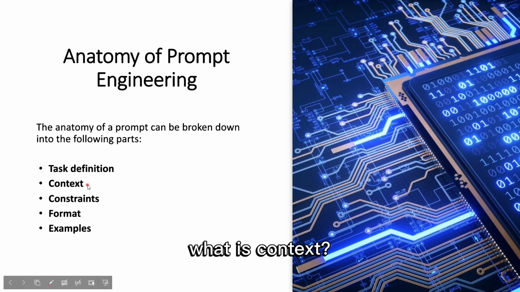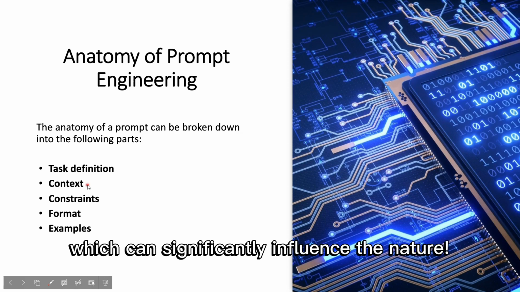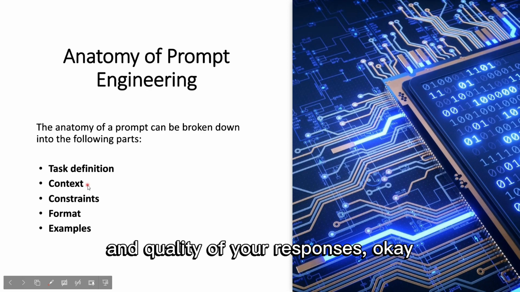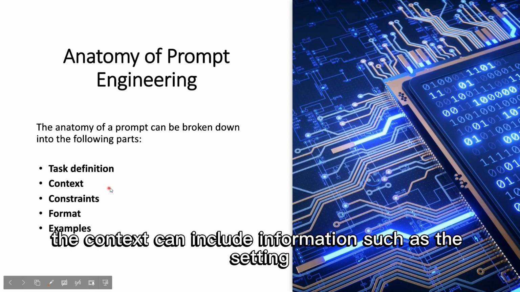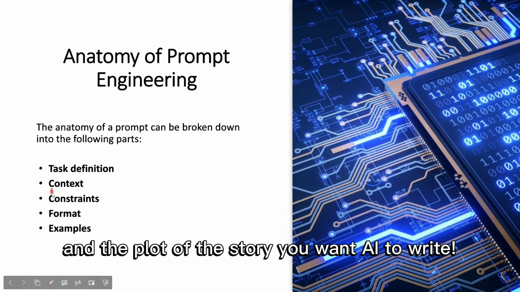What is context? This provides the AI tool with a reference which can significantly influence the nature and quality of AI responses. The context can include information such as the setting, the characters, and the plot of the story you want AI to write.